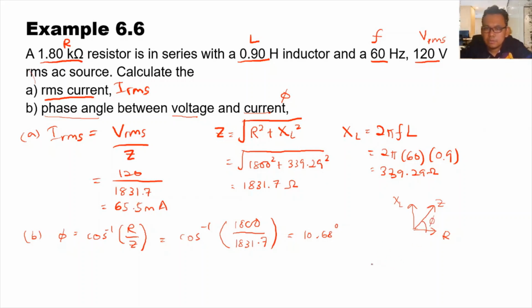In terms of current, here is the current I. We also have the voltage through the inductor, and this is the voltage there.